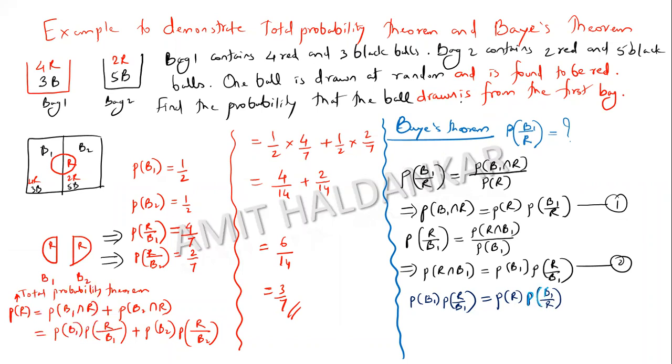As you can see over here, if I have to find the value of P of B1 upon R, then I'll put this on one side.